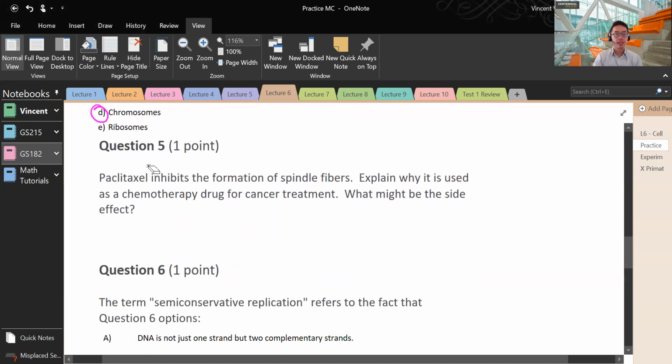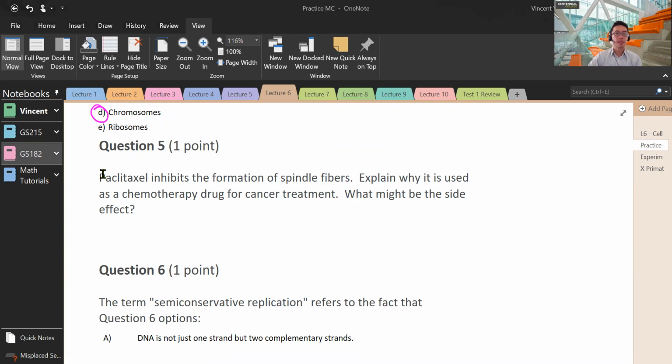Okay. This is an application question. Okay. Not sure how to pronounce that, but this drug inhibits the formation of spindle fibers. Okay. Taxol maybe. Explain why it is used as a chemotherapy drug for cancer treatment. What might be the side effects?